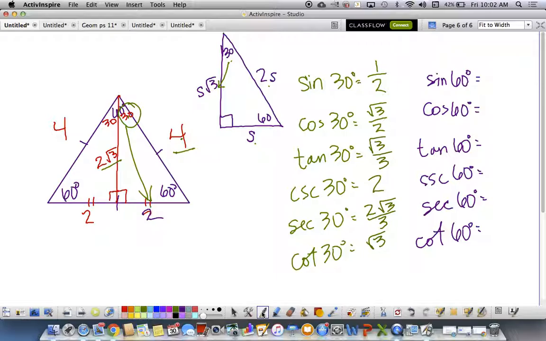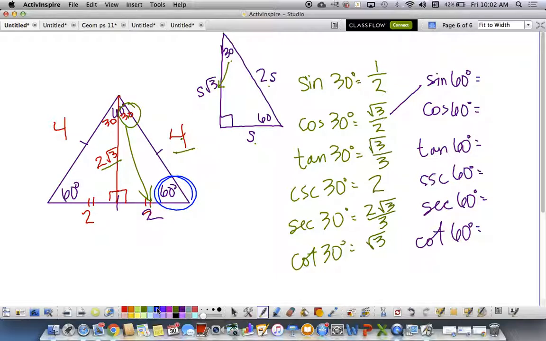So what does sine 60 equal as the co-function? The square root of 3 over 2, which is cosine 30. But look at your triangle, does it work? Easy breezy.